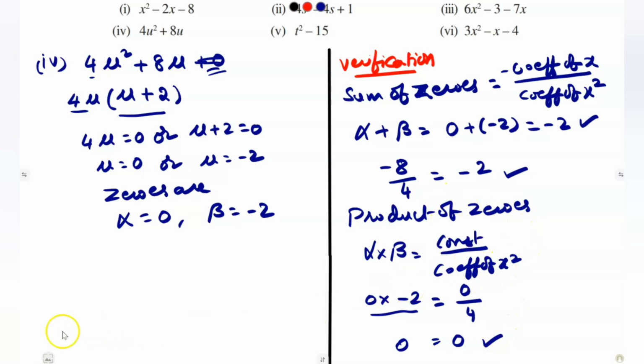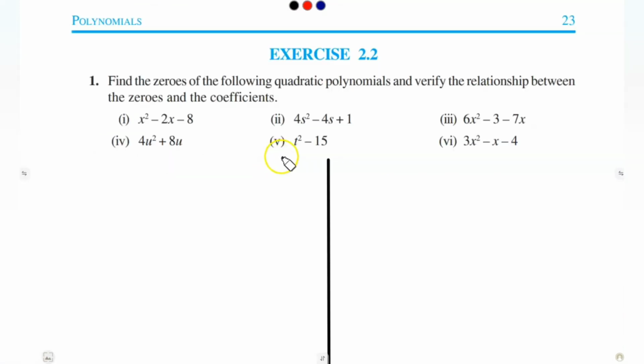Now coming to question number 5. Now the fifth question is t square minus 15. Let us factorize this. T square minus 15. Here the variable is t. So this we will write in the form of like a square minus b square shape. So t square can be written as t whole square, minus 15 can be written as square root of 15 whole square.